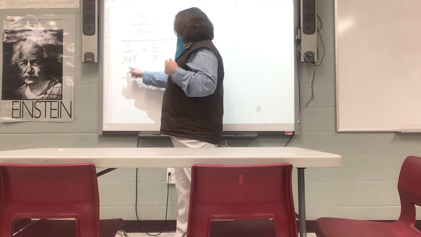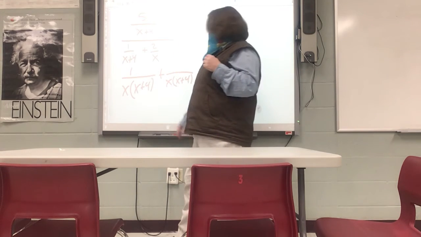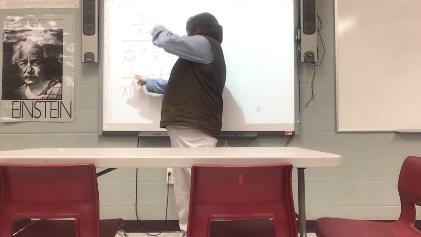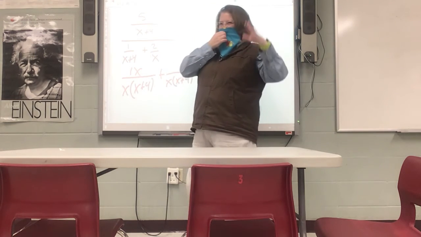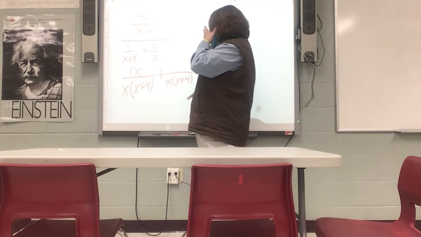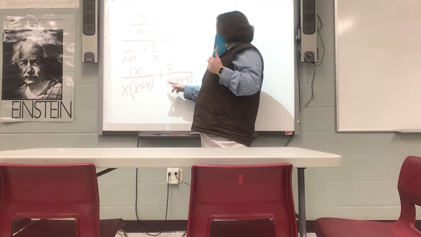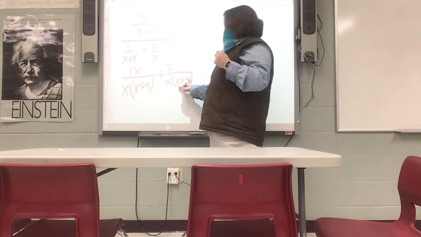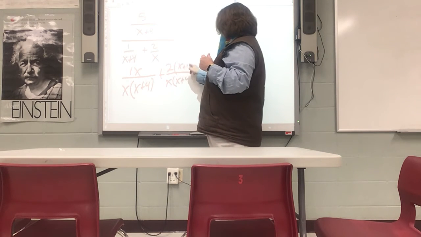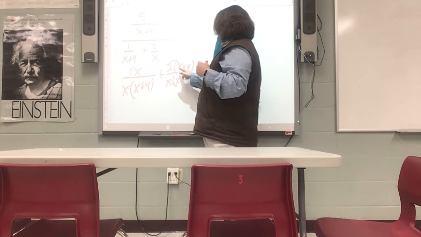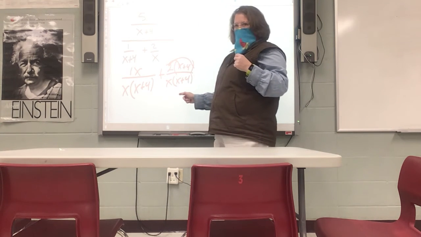Okay, this one had a 1. X plus 4 is already there, but we multiplied by an x. So we got to make that a 1x on the top, and you don't have to have the 1 times x is just x. This one had a 2. We already had the x, but we got to multiply by x plus 4. So that means that's 2x plus 8, right?